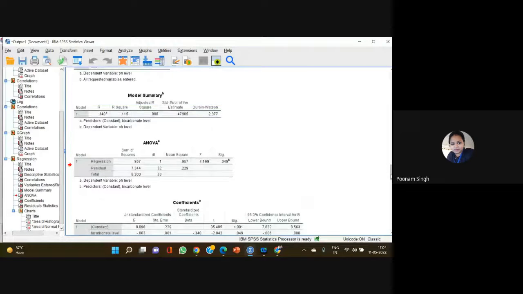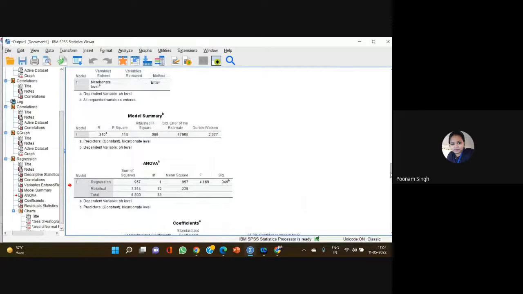Okay, so this is your result. In this way, you will be able to interpret your regression results, and in the same way you can do it for multiple linear regression also.